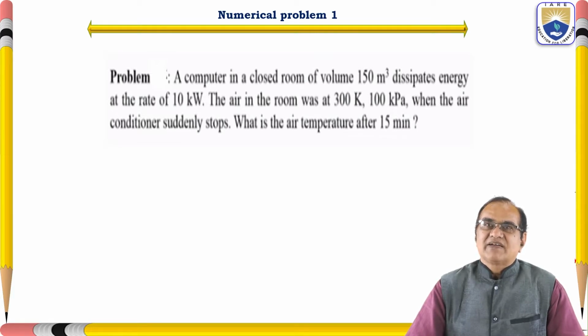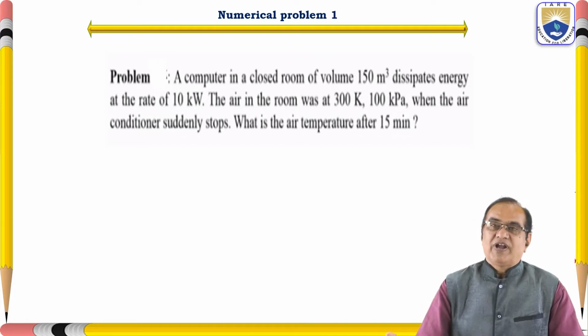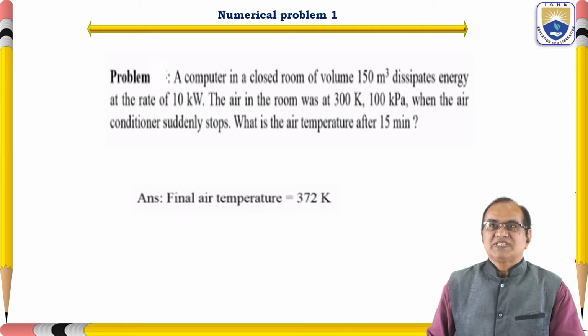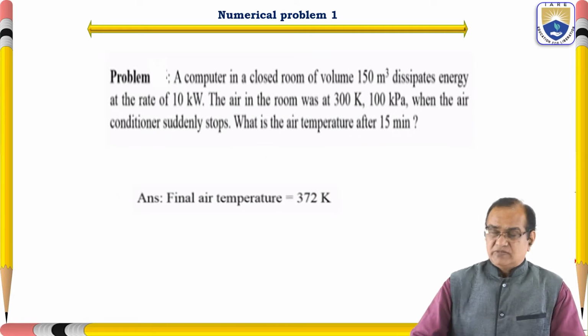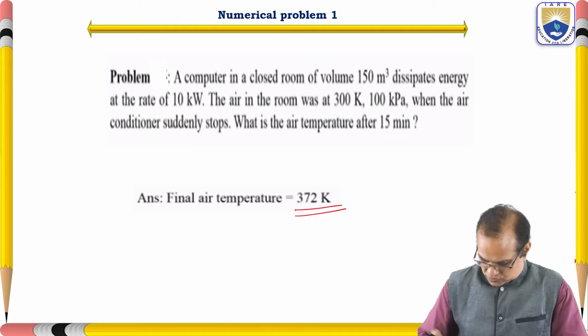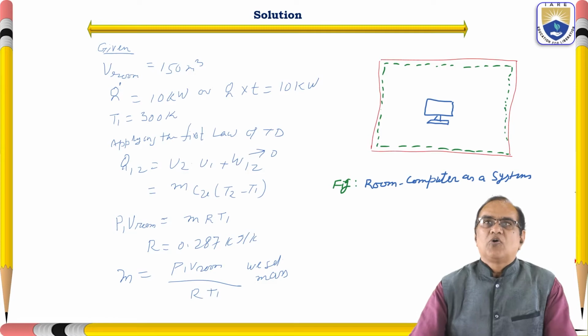When the air conditioner suddenly stops, what is the air temperature after 15 minutes? So we have to find out the temperature after 15 minutes, how much it is. So we will see how to go about it.